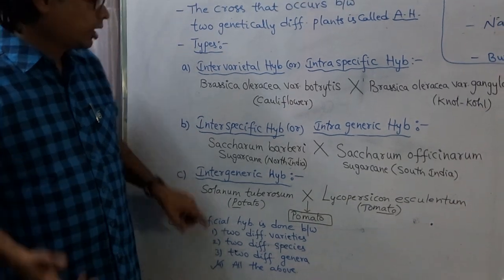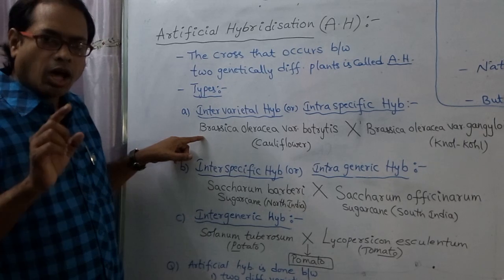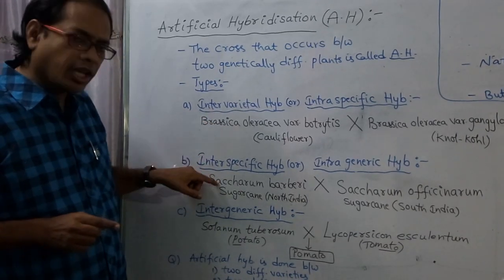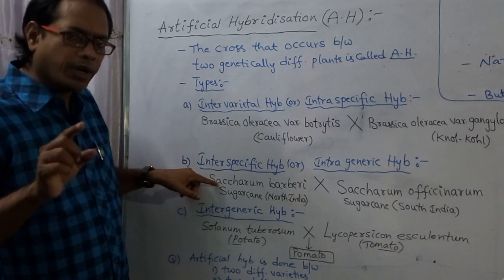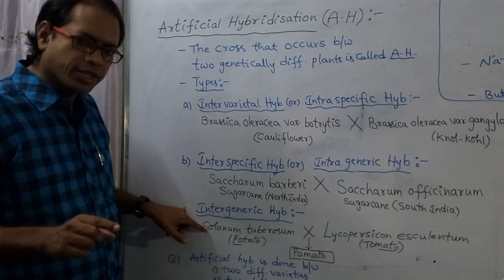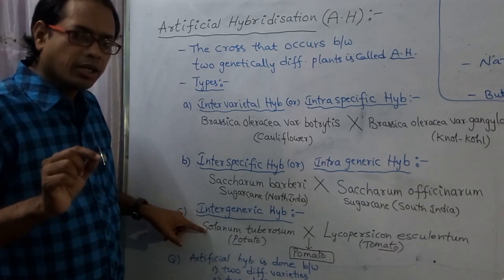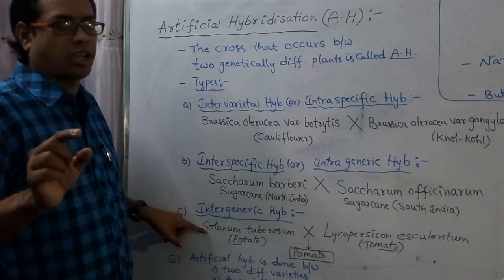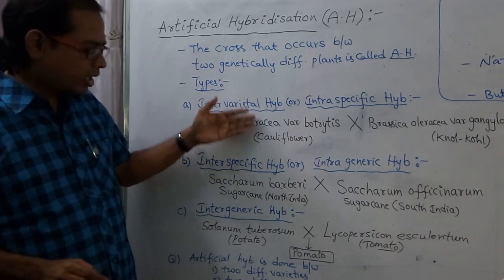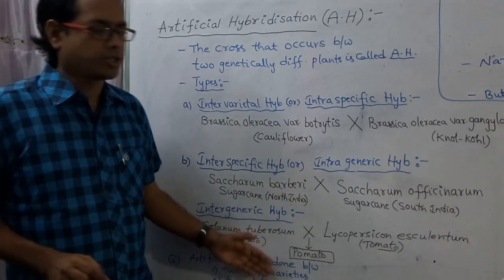That means how? In this case, artificial hybridization can be done between two different varieties. In this case, between two different species. Here in this case, between two different genera. So we have to say all the above. So these are the different types of hybridizations.